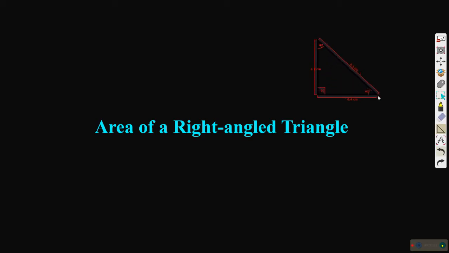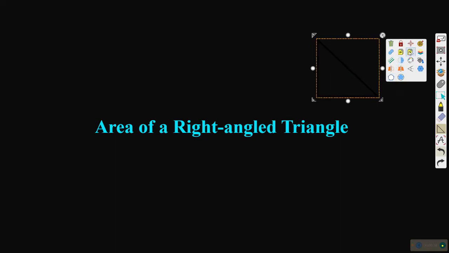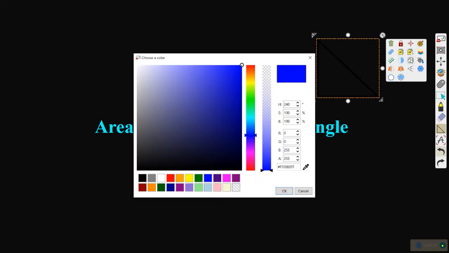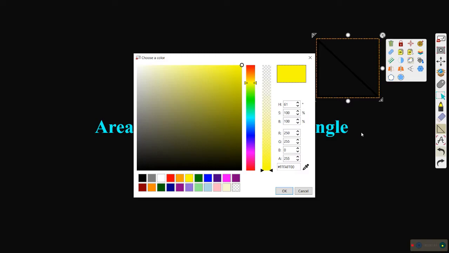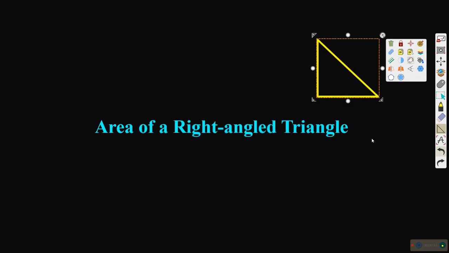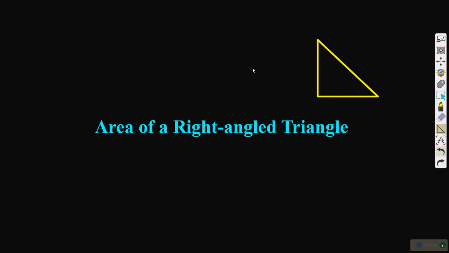In a right angled triangle there is an angle of 90 degrees, which makes it a right angle, correct? And we normally name it with the 3 English alphabets ABC, so we can name this triangle ABC. Now the topic here is finding the area of a right angled triangle.